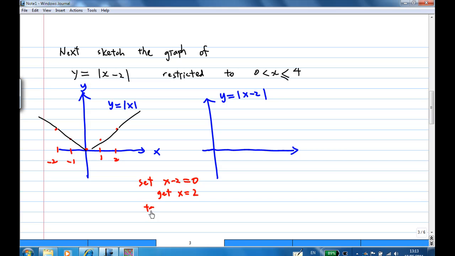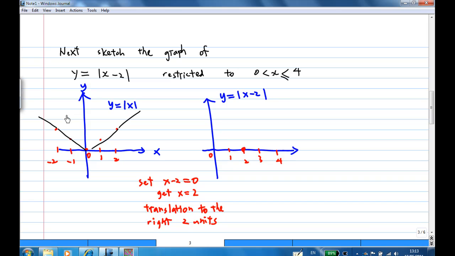So this is a translation from the original graph of y equal absolute value x to the right 2 units. Initially the lowest point is at 0, now it's shifted to 2. So when x equal to 2, y equals 0. Everything from the graph of y equal absolute value of x is shifted to the right 2 units.